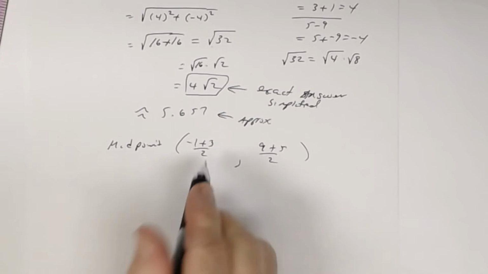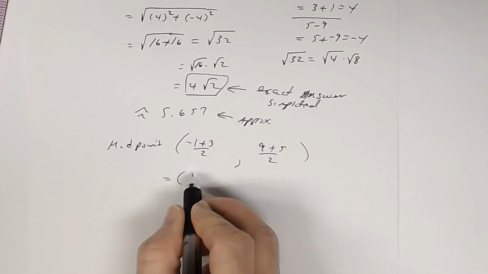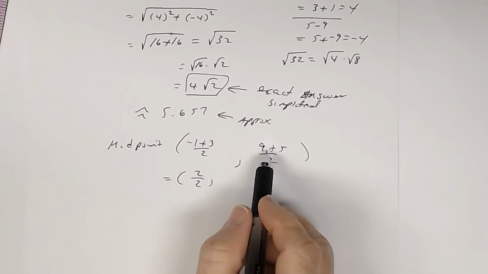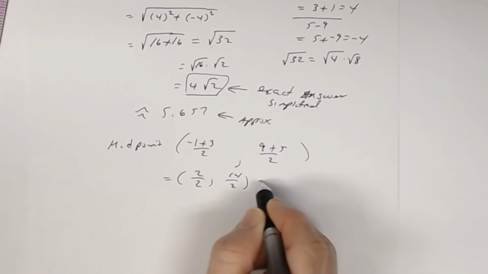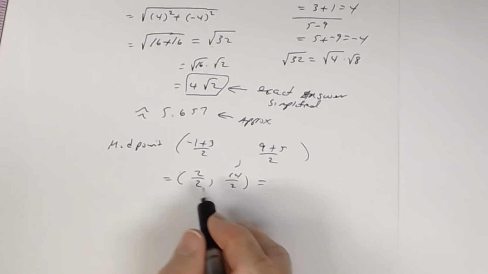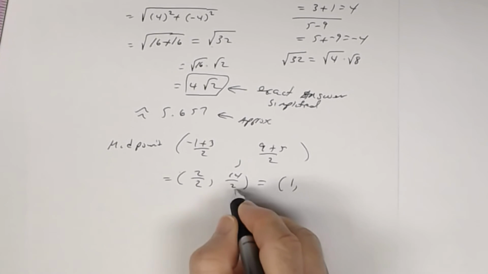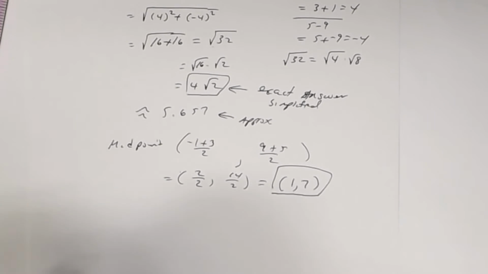Now, simplifying the numerators, -1 plus 3 is 2, so this becomes 2 divided by 2. 9 plus 5 is 14, so this becomes 14 divided by 2. Simplify this, don't leave it like this. You all know that 2 divided by 2 is 1, and then 14 divided by 2 is 7. And don't forget the parentheses because that's a point. And so there's your midpoint.